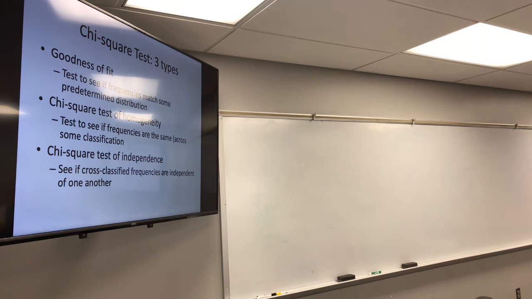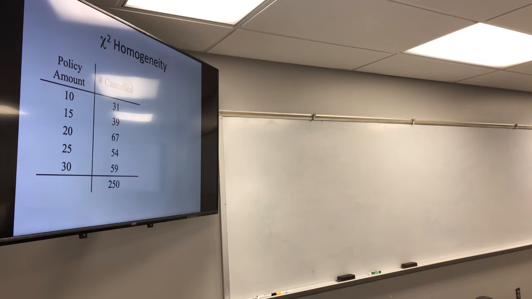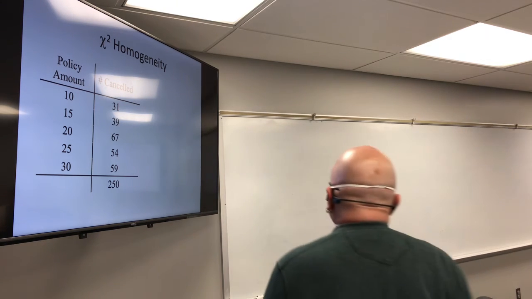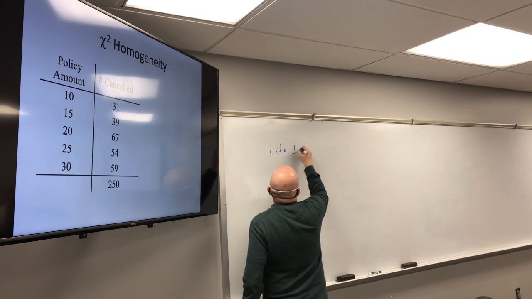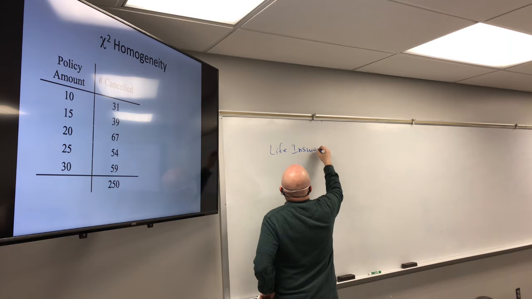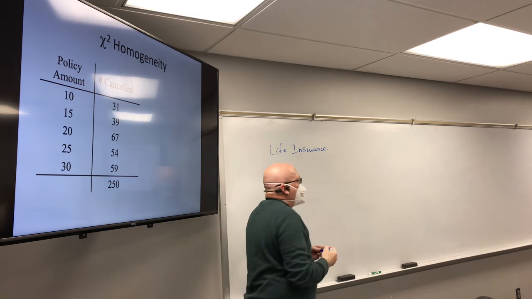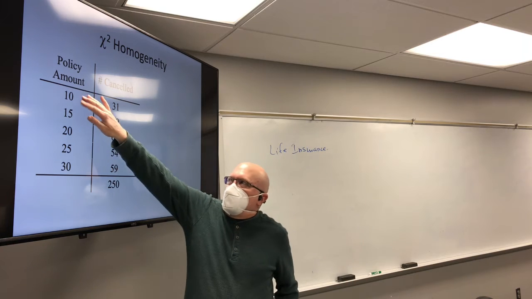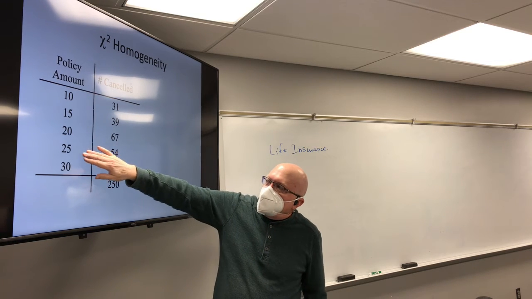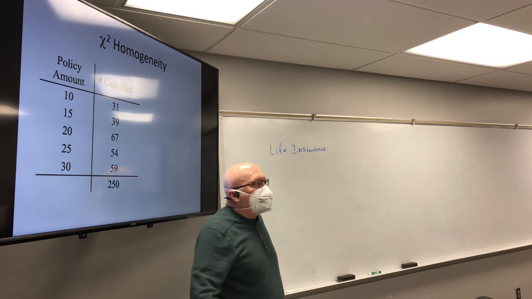So here we have a chi-square test of homogeneity. In this case, the question is being asked by an insurance company. Insurance companies will sell life insurance policies, and you can get life insurance policies for different values: $10,000, $15,000, $20,000, $25,000, or $30,000.